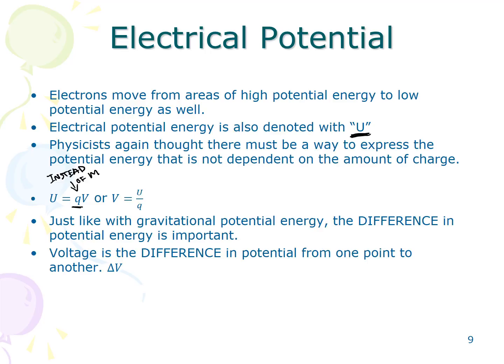The equation is exactly the same: potential energy divided by Q is equal to your potential. At different points, you can measure how much potential you have, and if you want to find the potential energy, you just multiply it by Q later.